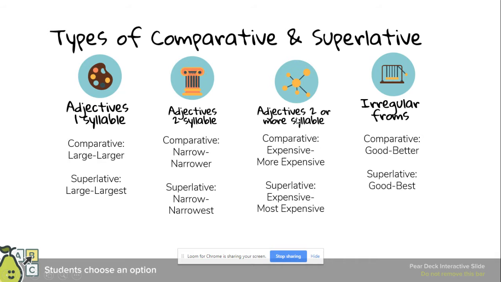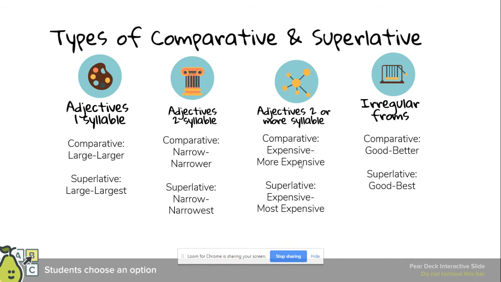Next we have adjective two or more syllables. So what happened in this adjective with two or more syllables is that they do not add er or est. Instead, they connect with more. For example, the comparative degree of expensive would be more expensive, not expensiver, no, but more expensive.